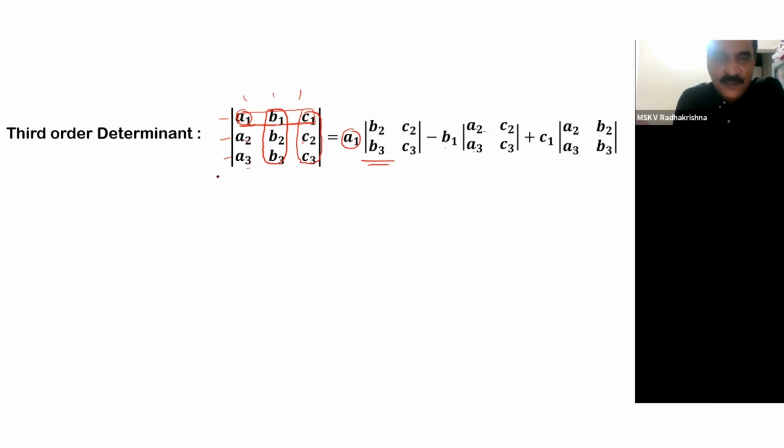So finally, if you expand it completely, what you will get? A1 into, what is the expansion of this?